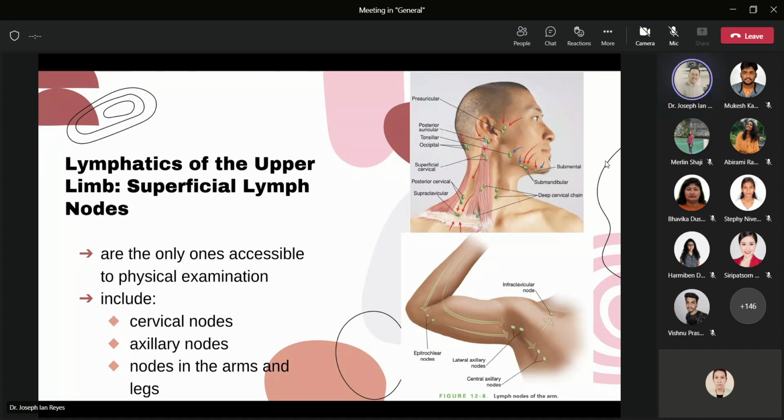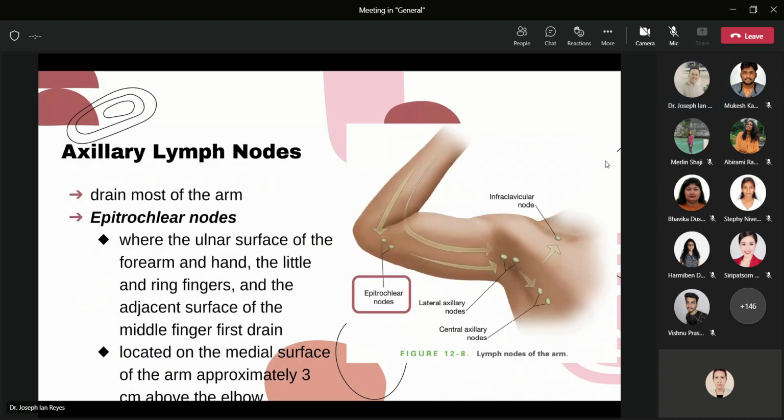Okay, so first we discussed the axillary lymph nodes. The axillary lymph nodes would drain most of the arm. So try to locate that: lateral and central axillary nodes.